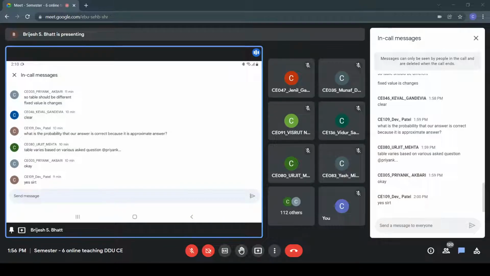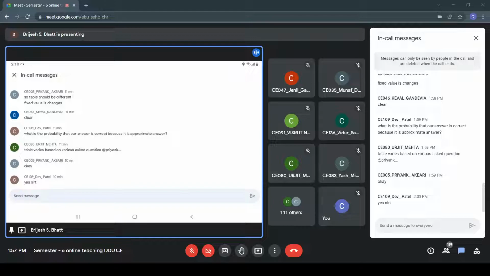Urjit is also saying, yes, table varies based on various asked questions. So, yes, we generate samples based on inference. And this caveat also, if you generate only 2 samples, then your probability will be very high, which is not correct to the actual distribution. Even in this example, what we are saying is, earthquake has not happened, Mary has not called, but John is calling with a probability of 1/2, which doesn't look very real, right?